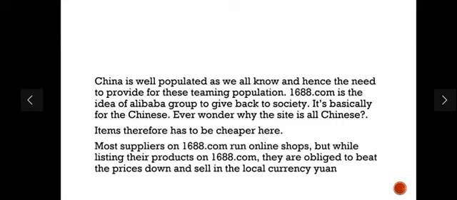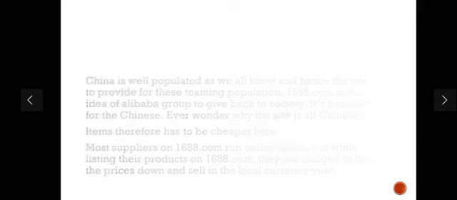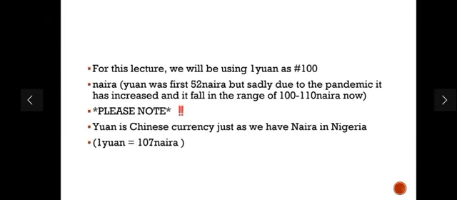Most suppliers on 1688.com run an online shop, but while listing their products on 1688.com, they are obliged to beat the prices down and sell in the local currency, which we all know is yuan. For this lecture, we'll be using 1 yuan as 100 naira.